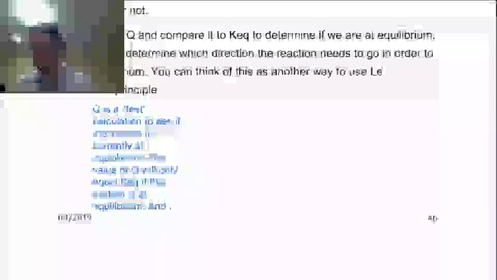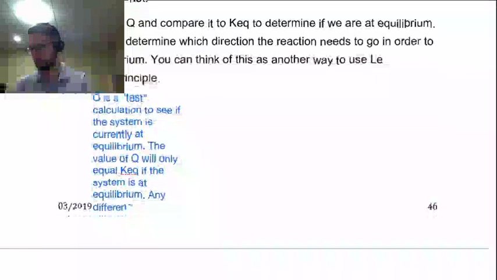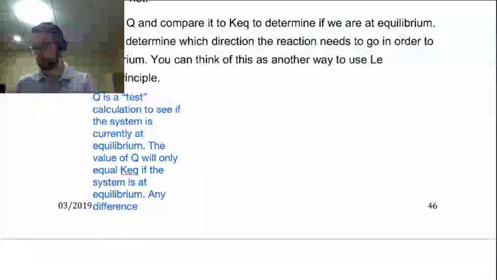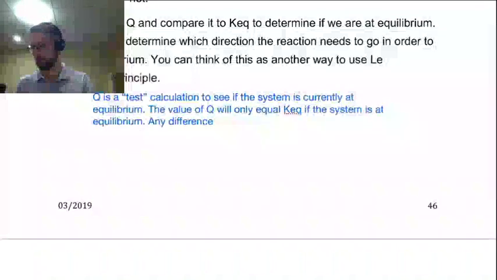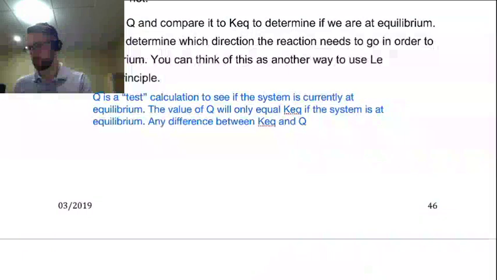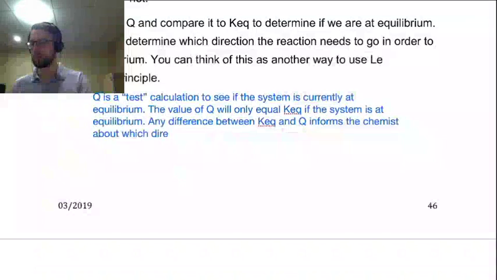Any difference tells us which direction the system is currently shifting.